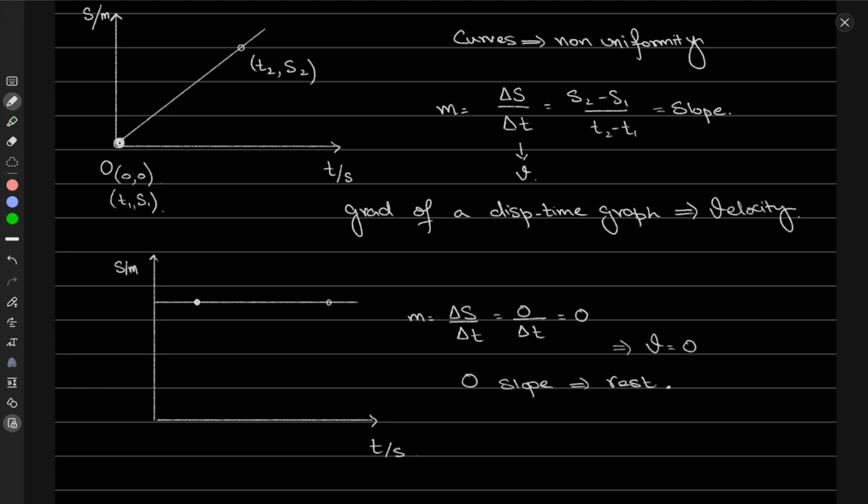Now, if the slope is constant, as we saw over here, which means the slope is only constant if the line is not curved, then the velocity will be a constant value.